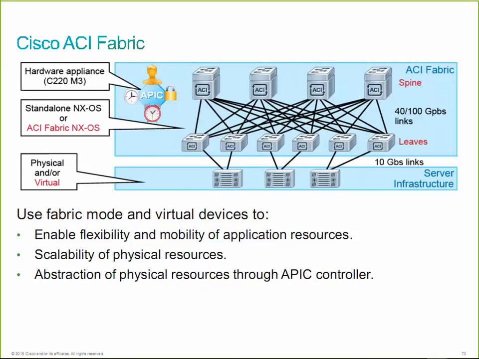The controller itself, the APIC, is a physical appliance. It gets connected to the leaf layer, and it's responsible for doing all the initial bootstrapping of the fabric, and that's why it has to be a physical device, because the virtual device relies on what?